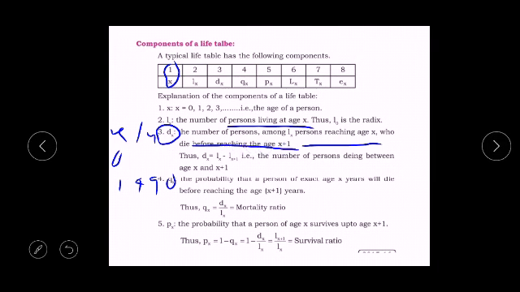So at age 0 they are there, but at age 1 they are not there, they have died. So at age X, 1000 people are there, among them 10 children have not crossed their first year, that is age X plus 1. 0 plus 1 is 1 year.